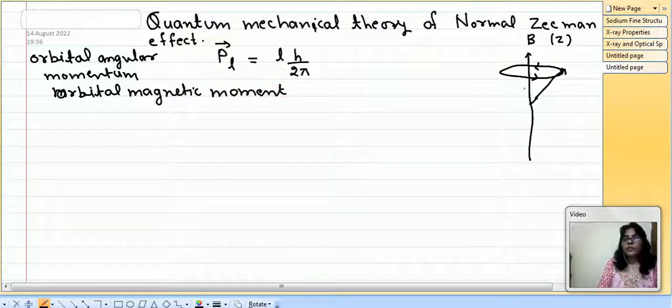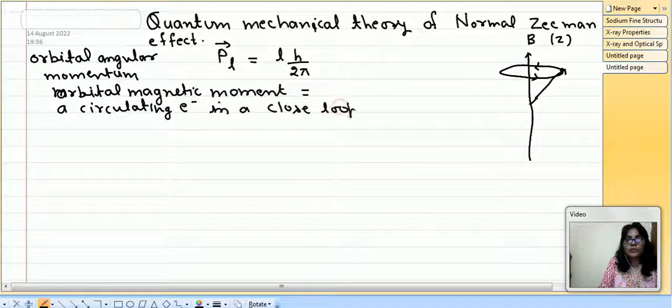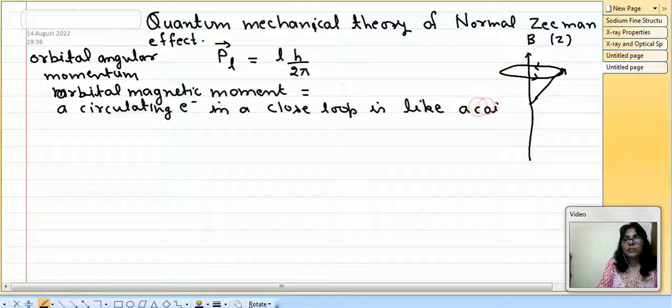Because the electron is circulating in an orbit, it is like a current loop. A circulating electron in a closed loop is like a current carrying coil, or simply, it is like a coil.